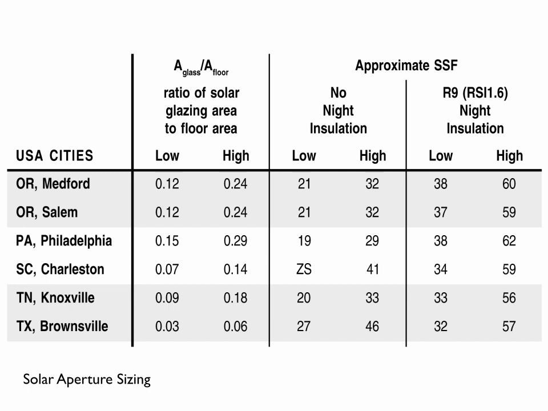Okay, let's take the no night insulation column. We can associate the 0.09 or 9% glass to floor area with a 20% solar savings fraction. If we double that glazing, again with no night insulation and an R2 window, our performance goes up to 33%.